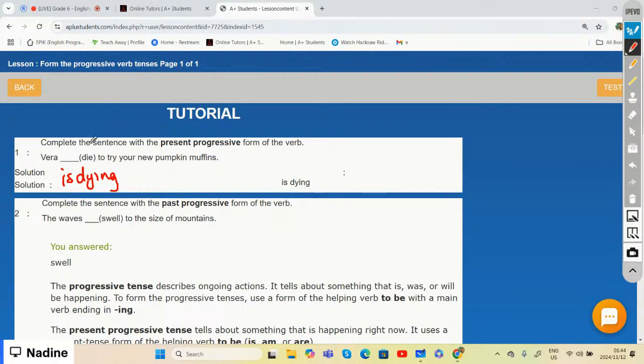So is dying gives us indication that it is something that is happening now.